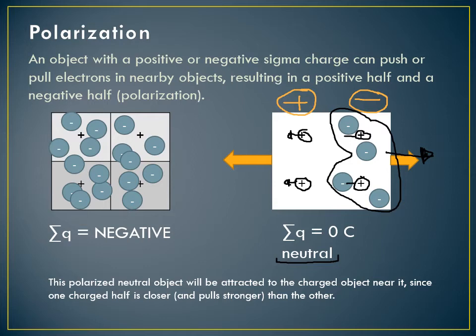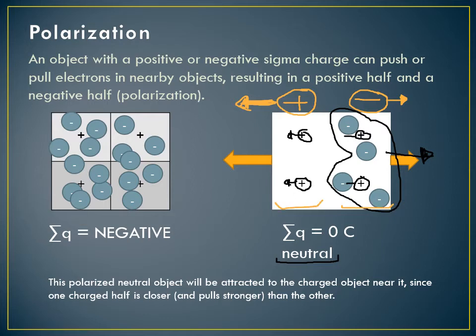We've already discussed that the positive half experiences an attraction and the negative half experiences a repulsion. But because of the inverse relationship between distance and electrostatic force, this positive attraction is actually a bigger force than the negative repulsion, because this half is closer and this half is further away.